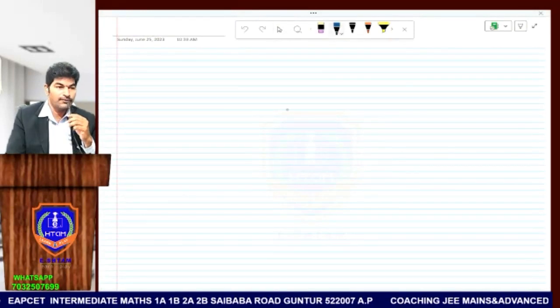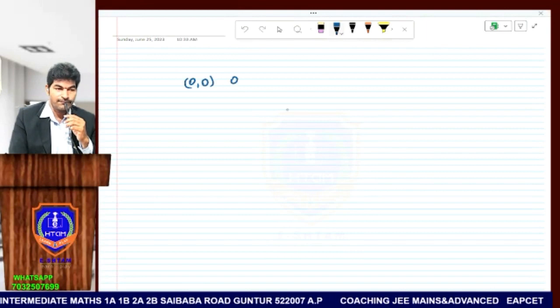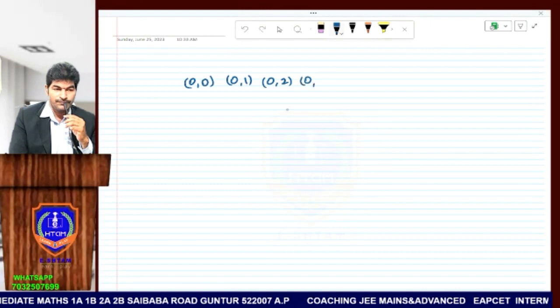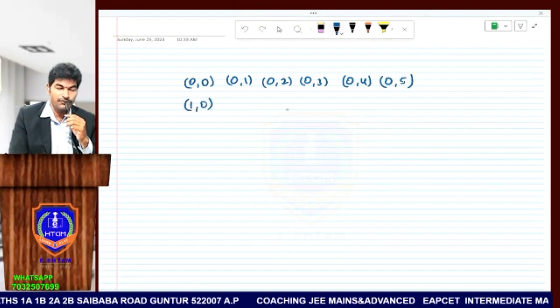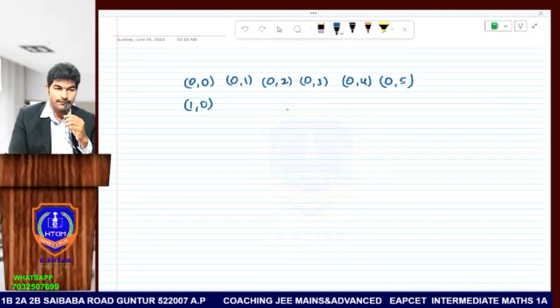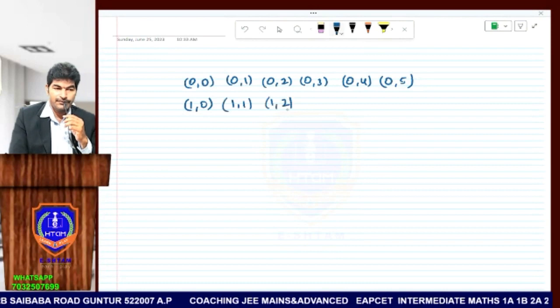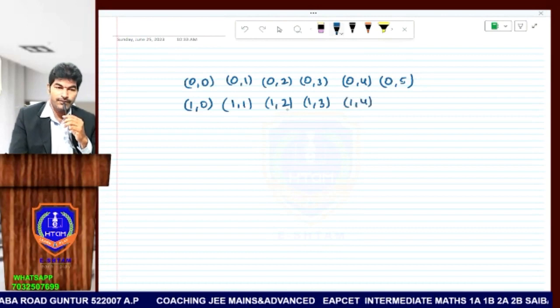If 2 dice are rolled and the numbers occurring on them are 0, 0, the first; then 0, 1, 0, 2, 0, 3, 0, 4, and 0, 5. Similarly, you will get on the dice 1, 0 and 1, 1, 1, 2, 1, 3, 1, 4, and 1, 5.